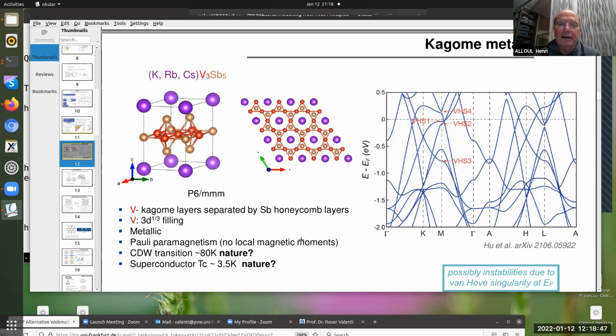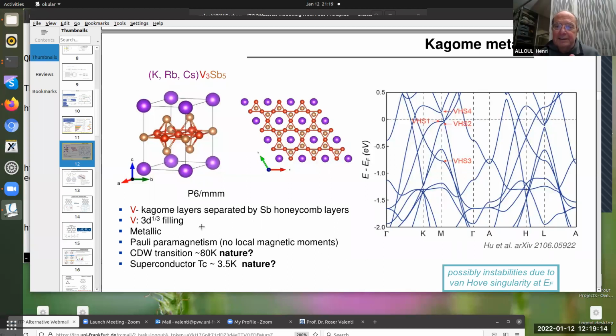Okay, good point, Henri, because here indeed there is no observation of local magnetic moments. I mean, it's Pauli paramagnetism, what has been observed up to now. The system is metallic, Pauli paramagnetism. So we are not really in this region of localized magnetism.